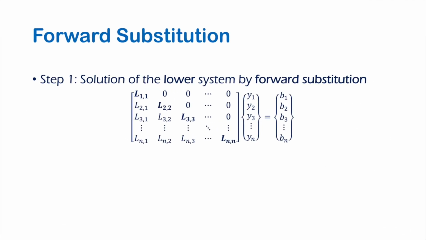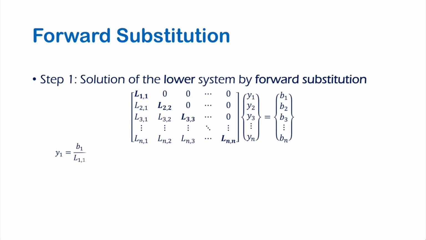The forward substitution is used to solve the system when the coefficient matrix is lower triangular, as we see here. It is called forward because the substitution procedure starts at the first row, where there is only one element, L11, then goes down to the last row, n. The set of linear equations are obtained simply by matrix multiplication. Then the equations are rearranged to find the unknowns, which are here the elements of the y vector.